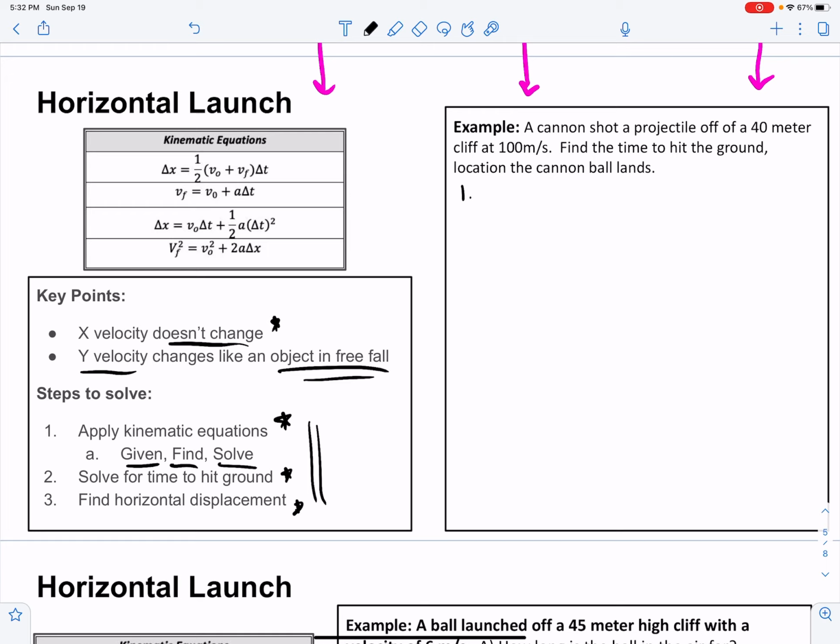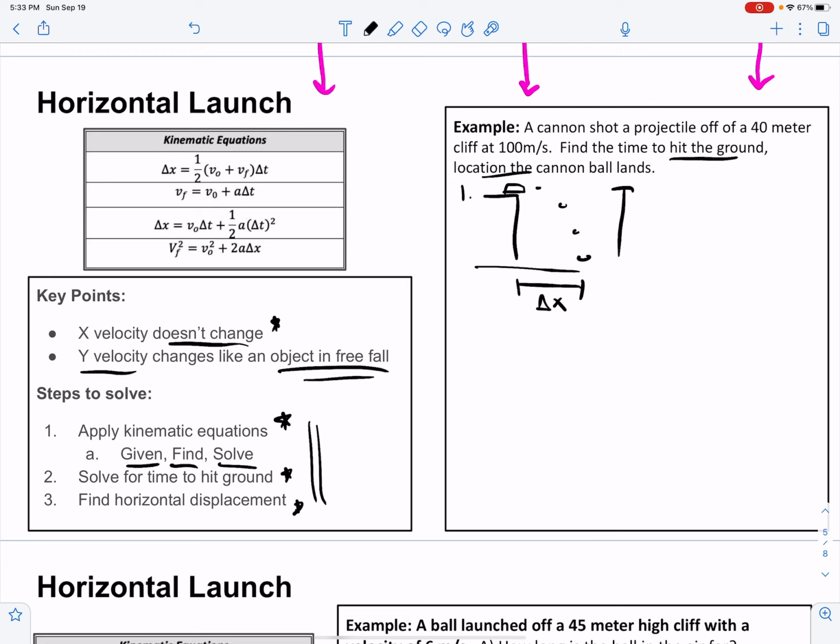So reading this, we have a cannon that shoots a projectile off of a 40-meter cliff at 100 meters per second. Find the time to hit the ground and the location that the cannonball lands. All right, so let's just draw a picture. Our ball is shot horizontally. Eventually it hits the ground. We want to find this distance, delta x.